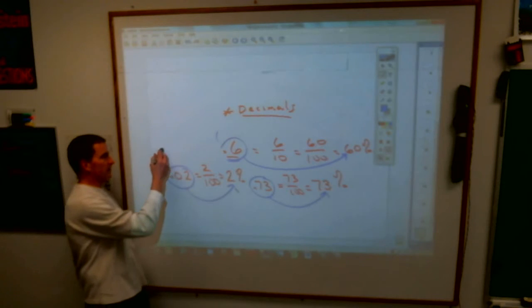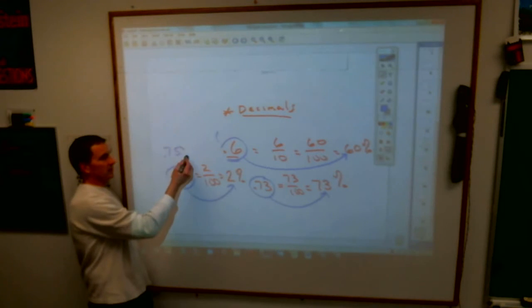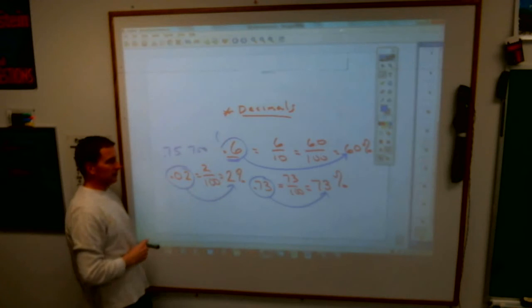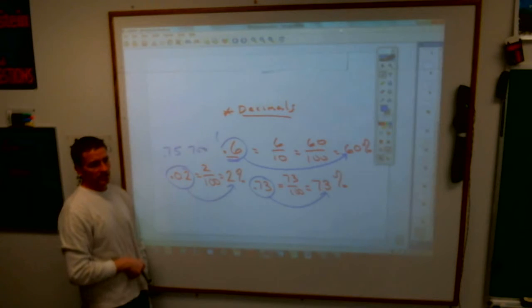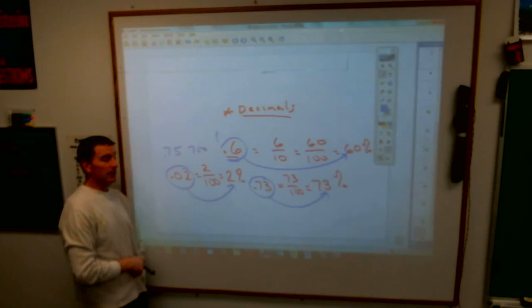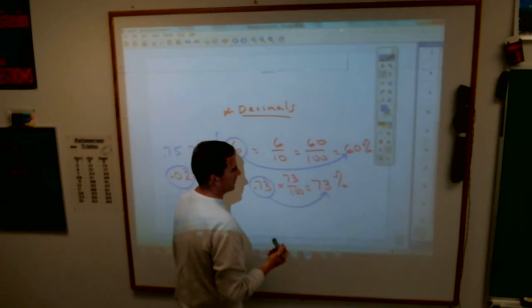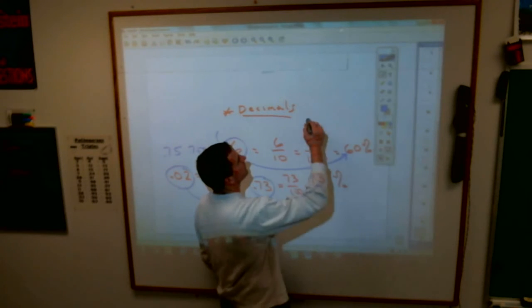Sure, but if I have 0.75, I don't add a 0 to that to make it 750%. An easier way to say all this, because I think you're all on the somewhat right path, just finding the hardest way possible to explain it. Well, yes, but the best way probably to say it is this.